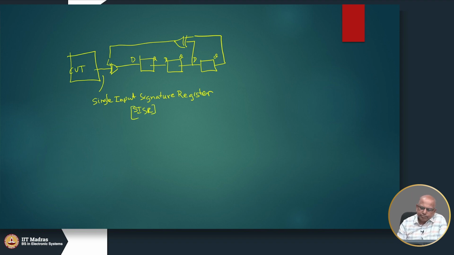Assume that the flip flops have been initialized to 0 0 0, the shift register has been initialized to 0 0 0. Assume that the good circuit under test, let us keep it very simple, is an AND gate.